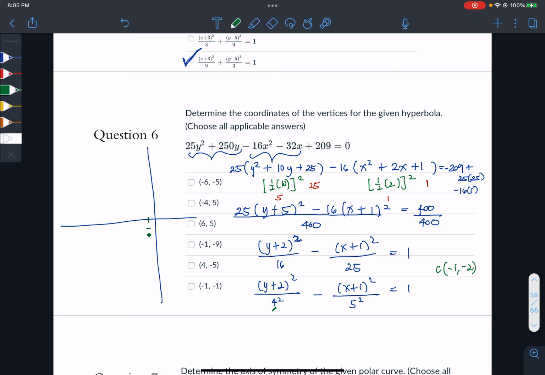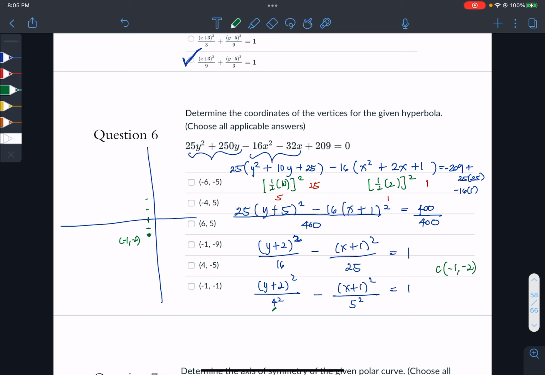If this is negative 1 and negative 5, so yung vertex ng hyperbola natin would be negative 1 and so 1, 2, 3, 4. Negative 1 ay may x.